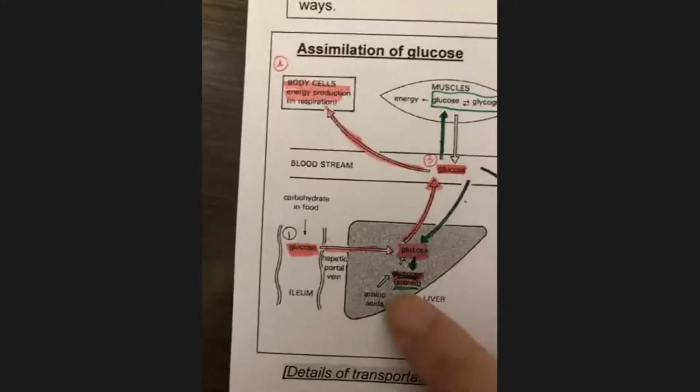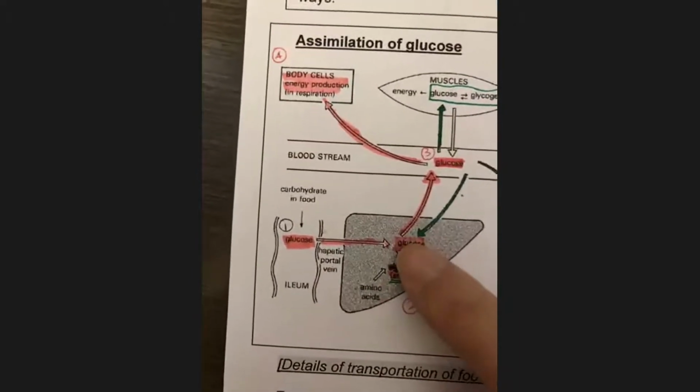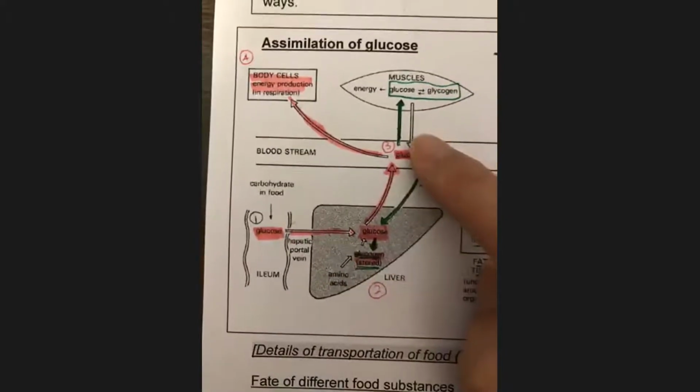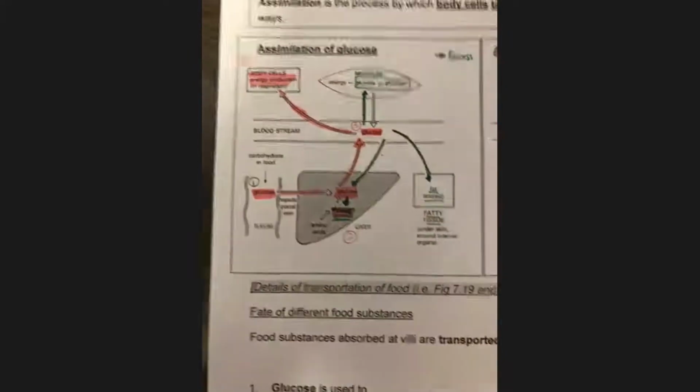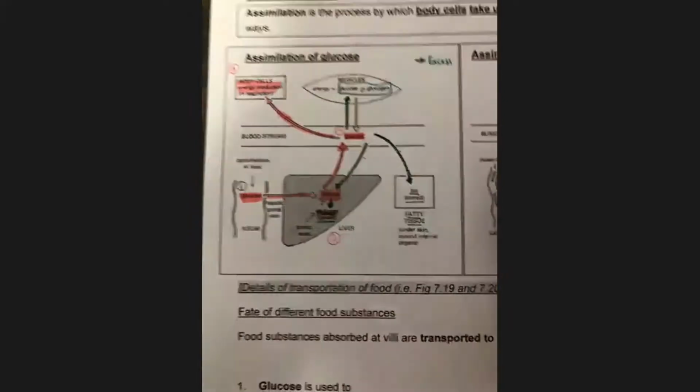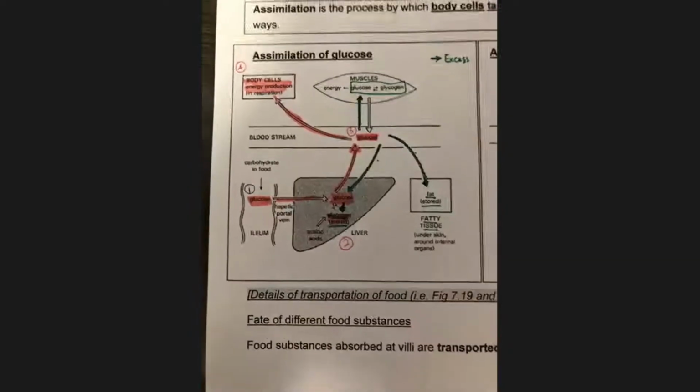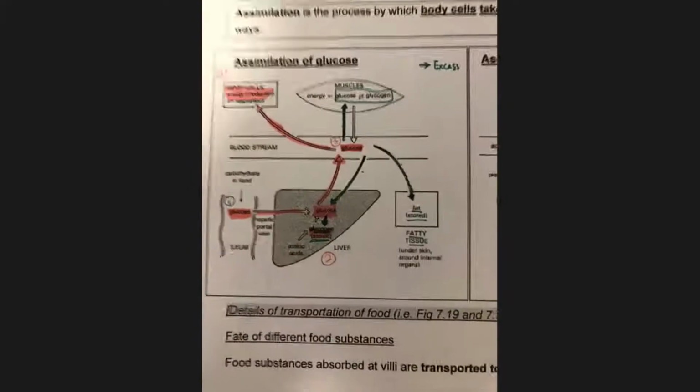Same here. The glycogen in the liver can be broken down back to glucose, put back into the blood, and then sent to body cells. Okay, so this is how the picture is going to function. And you need to understand how it works.